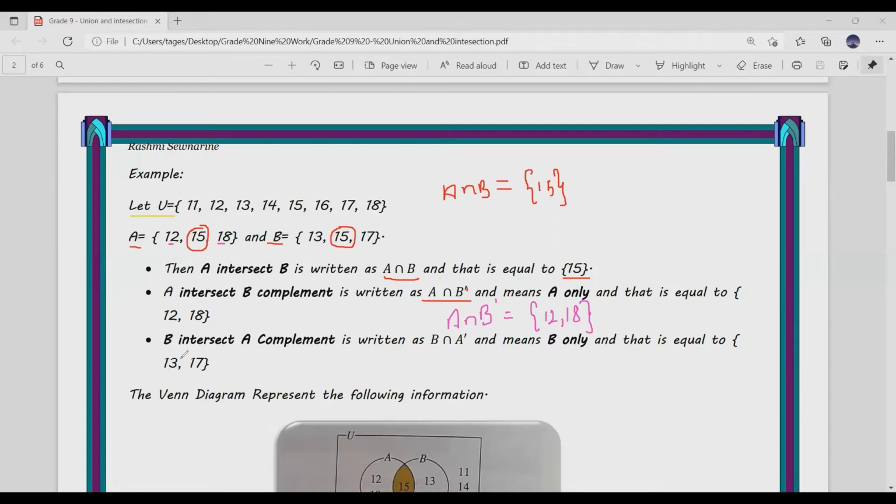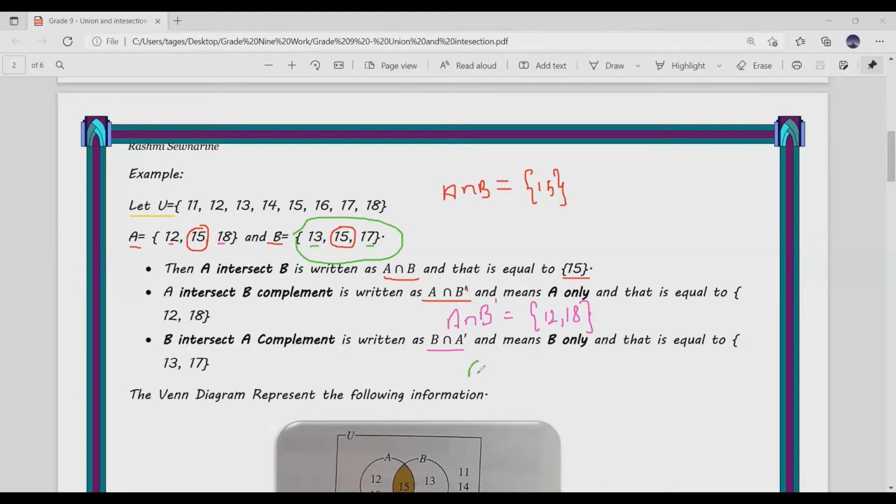Good. Now B intersect A complement is written as this here, and that means B only. So that is only the elements that are in B. When we look at this here, when we had already identified the intersection, only 13 and 17 is going to remain, or 13 and 17 is going to be B only.